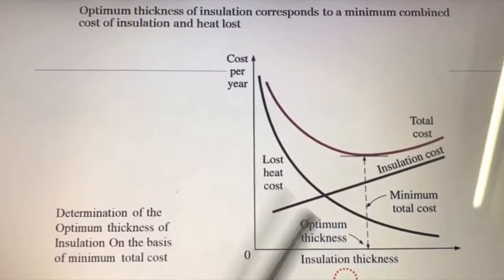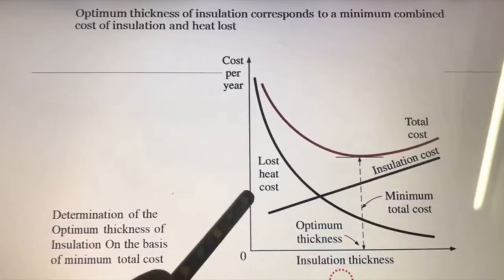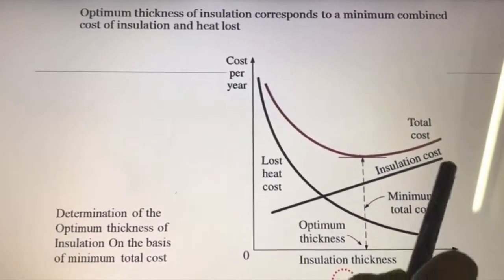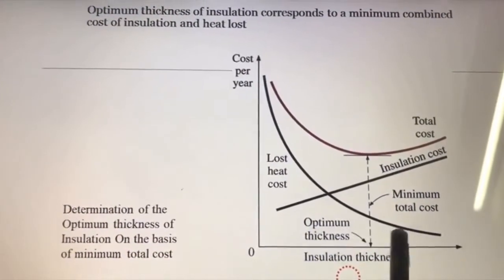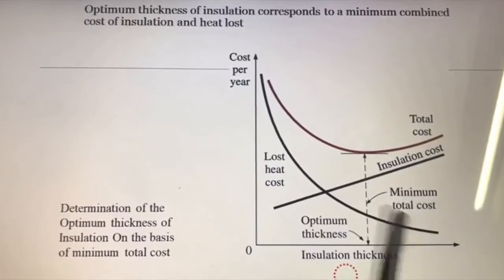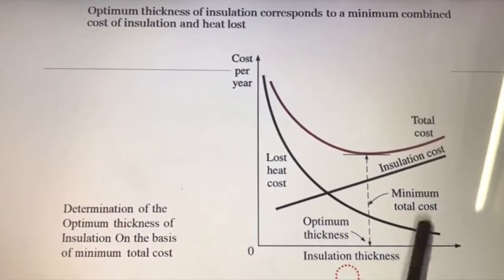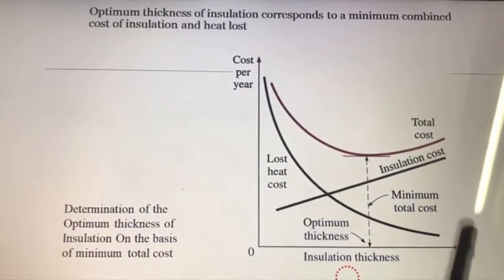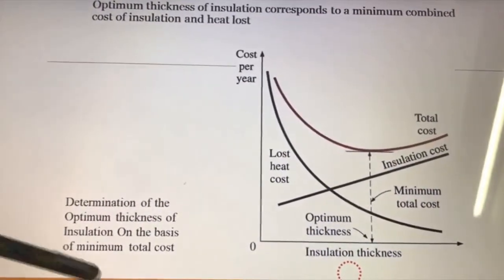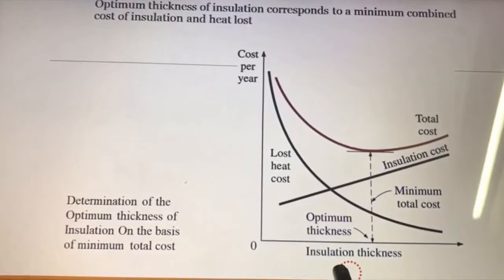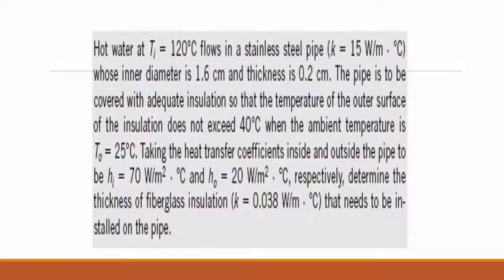The second curve refers to heat loss cost. And this linear line represents insulation cost. So to obtain minimum total cost, from optimum thickness and total cost, we can obtain minimum total cost. On the basis of minimum total cost, we can determine the optimum thickness.